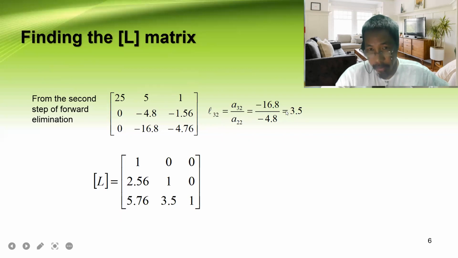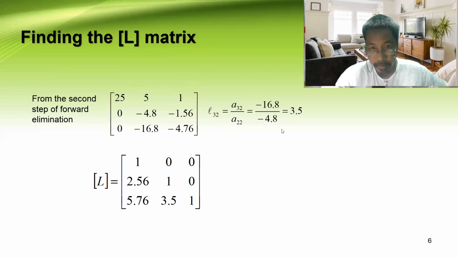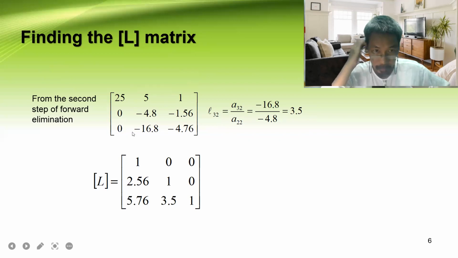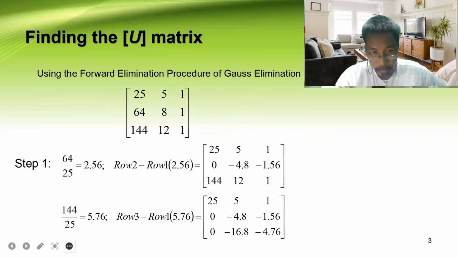Okay, so row 3, second column. We actually already have these values. For example, this one, 3.5. That is the element in row 3, second column. Okay, that is 3.5. And 5.76, that is actually this one. We already know about this.